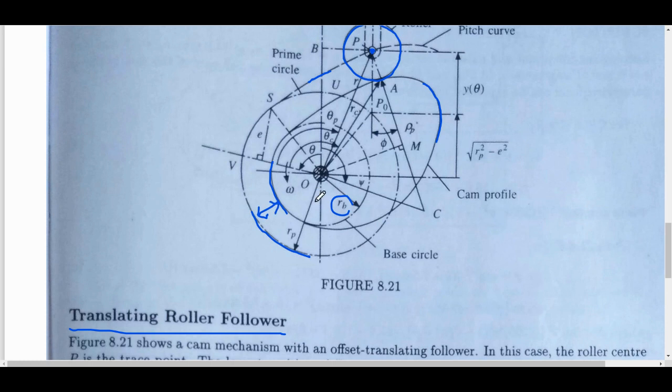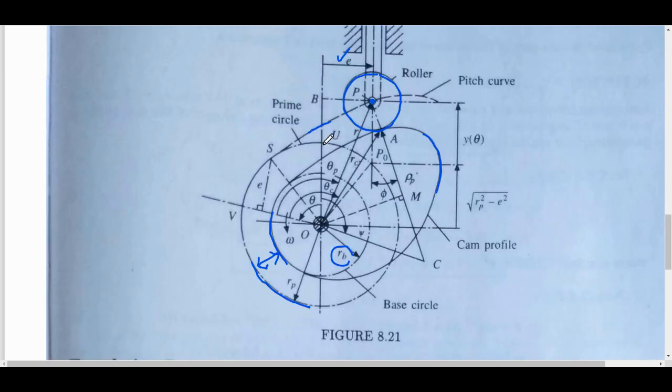Now, when this point V was at U, then this trace point P was at its lowermost point P0. Remember that this distance from here is the same as the offset E.